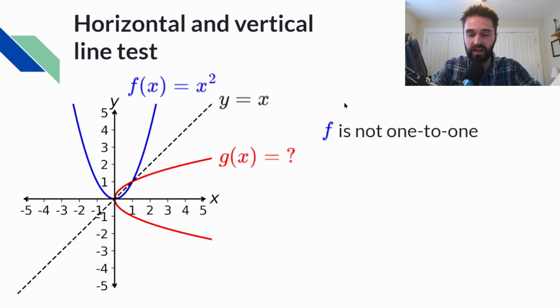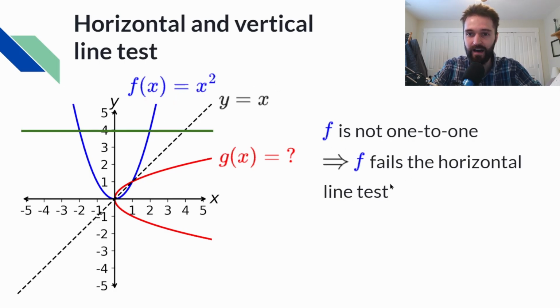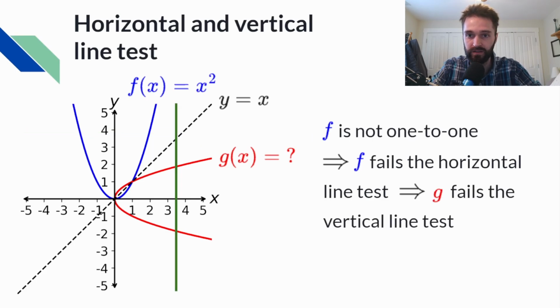f, the blue curve, is not one-to-one, which implies that f fails the horizontal line test. This horizontal line is crossing the curve in more than one place, so it fails the horizontal line test. And that means that this supposed function g fails the vertical line test.